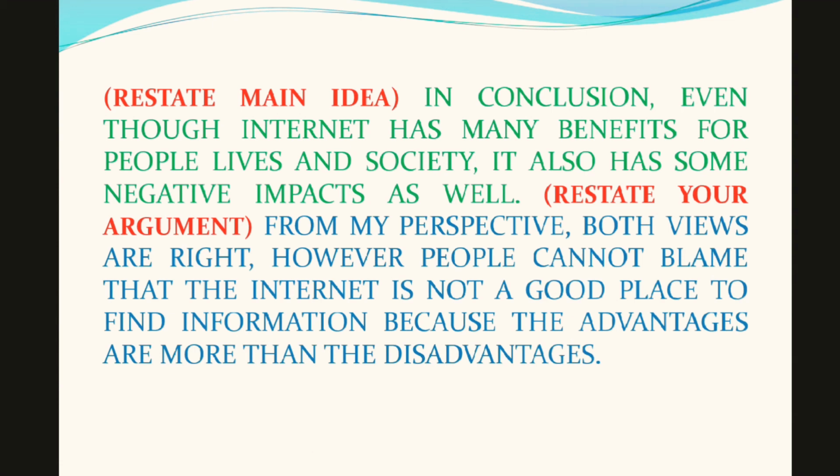So in case of body paragraph 1 and 2, in the first I am going to talk about the benefits of the internet, and in the second I am going to talk about the negative points of the internet, and I just wrap up both the ideas over here, and then I make a main topic sentence for the conclusion task and say that even though the internet has many benefits for people, lives and society, it also has some negative impacts as well.